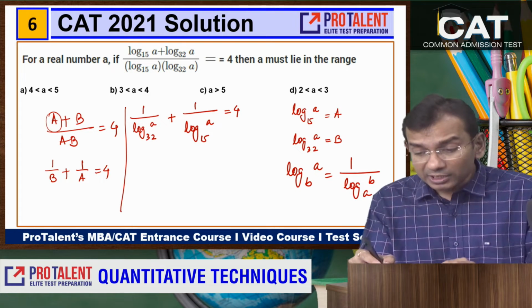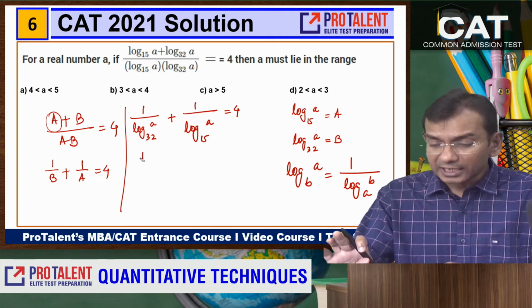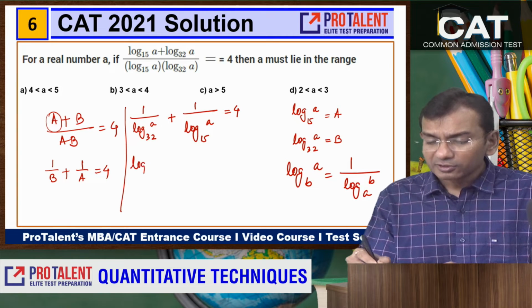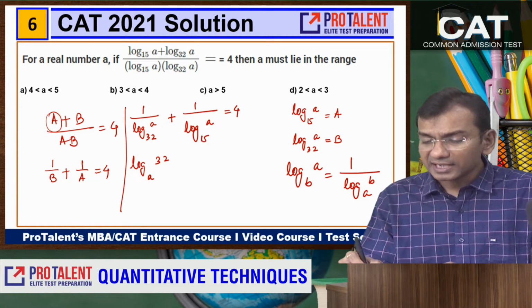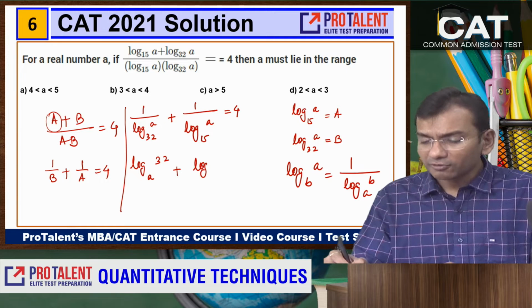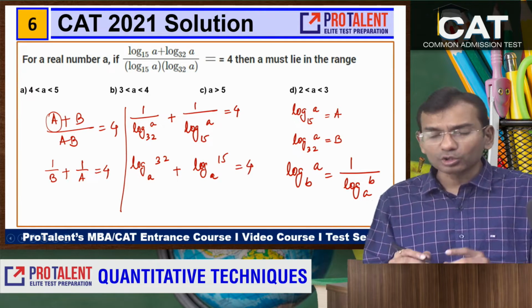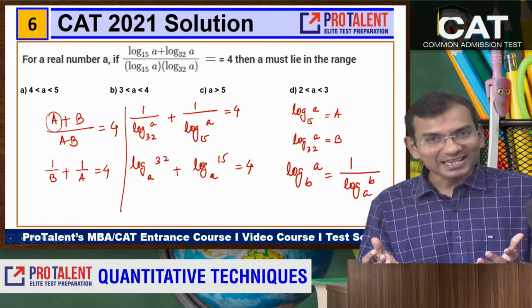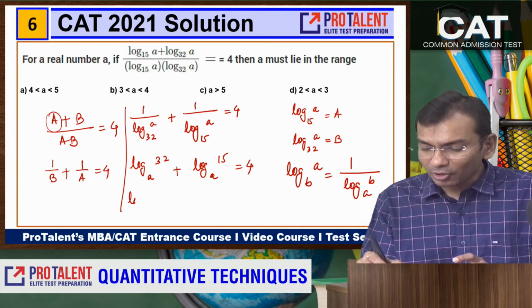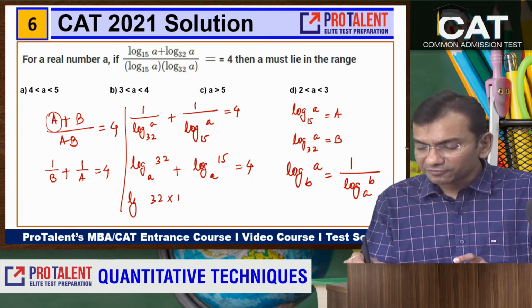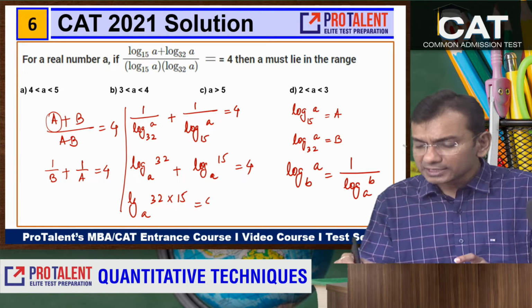So therefore I can write this as log of 32 to the base a plus log of 15 to the base a is equal to 4, which is easy now. सही है, great. So this is log of 32 into 15 to the base a is equal to 4.